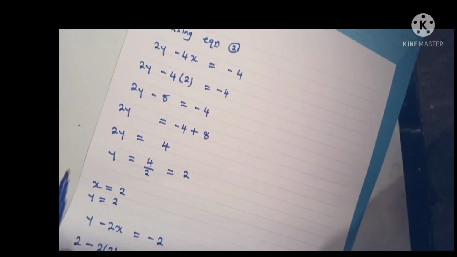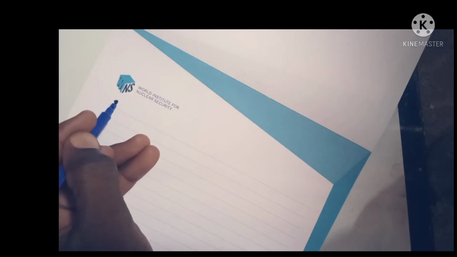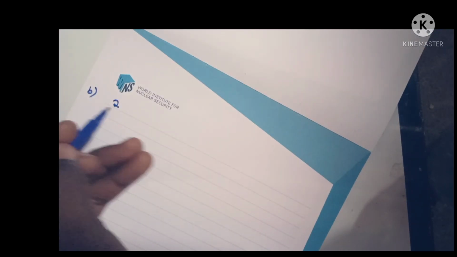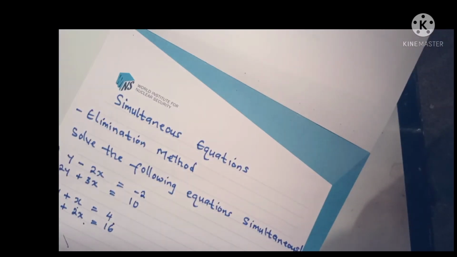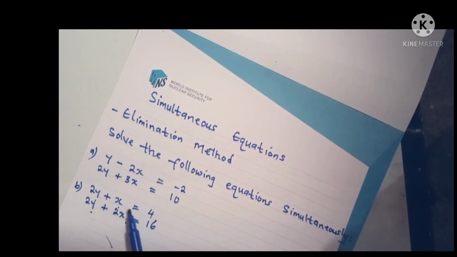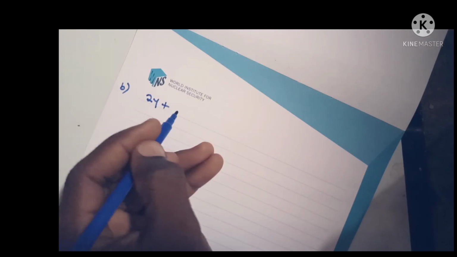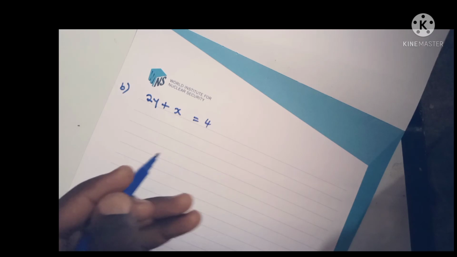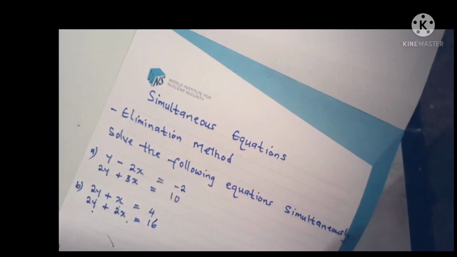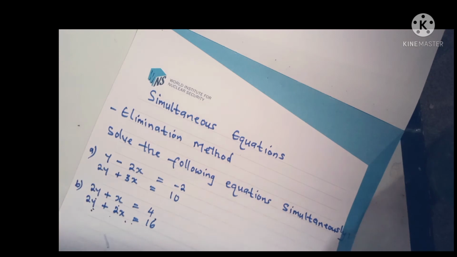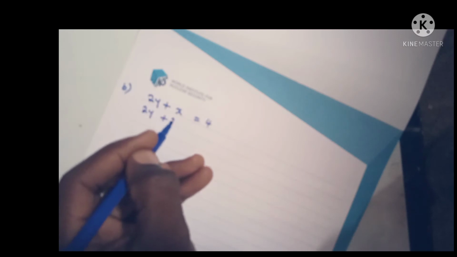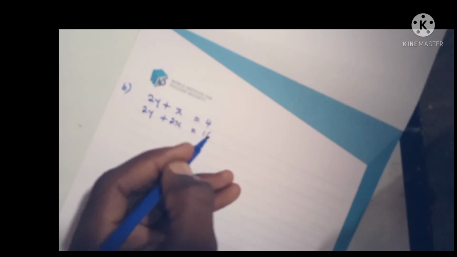Now let's go to that one also. 2y, which is b here, 2y plus x equals 4, and 2y plus 2x equals 16.